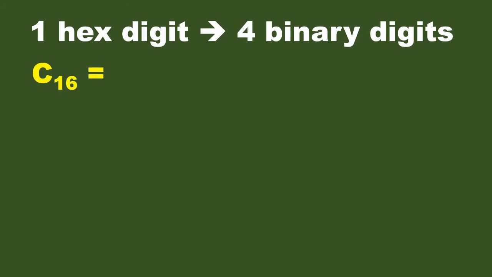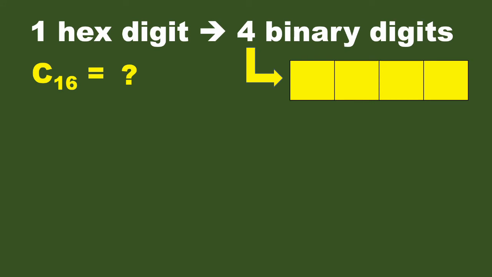So for example, we have this value C in hexadecimal. How do we convert it to binary? Since we have the idea that this will be denoted with 4 binary digits, that means we'll have 4 blank spaces here, the 4 boxes.